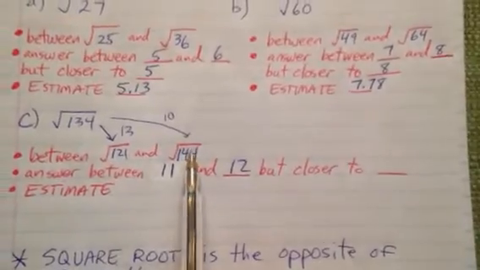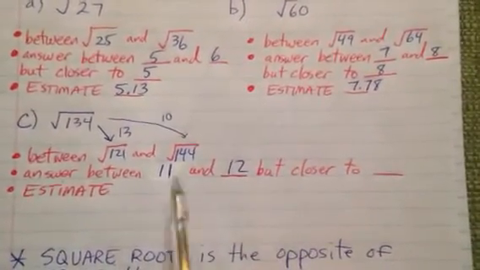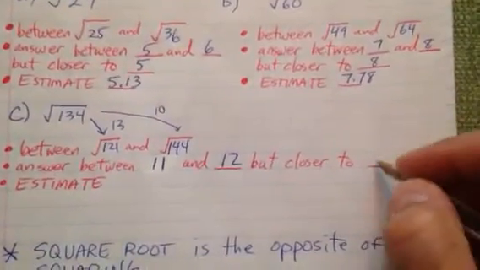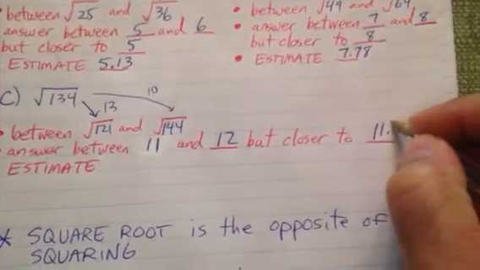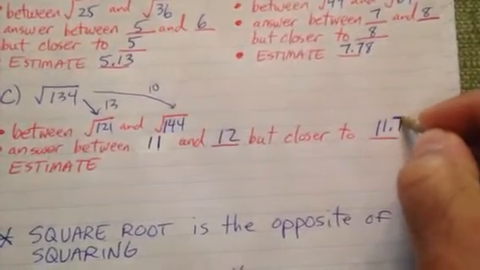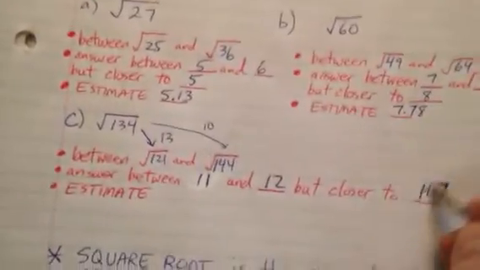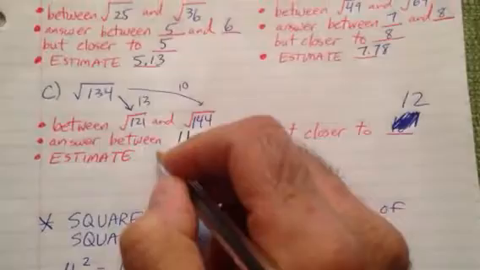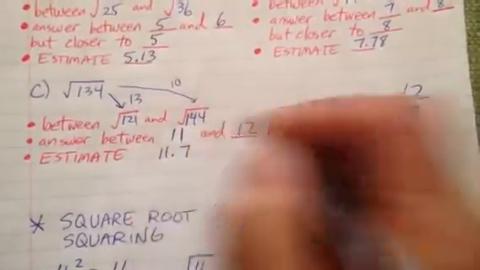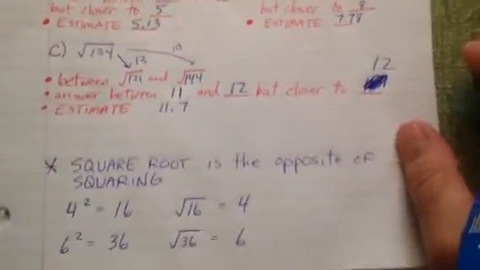So I know that it's slightly closer to 12. So I have to make sure my guess indicates that it's past 11.5. Oh, sorry, this one should be closer to 12. So my estimate would be 11.7 or 11.6 something. All right, so that's how you estimate.